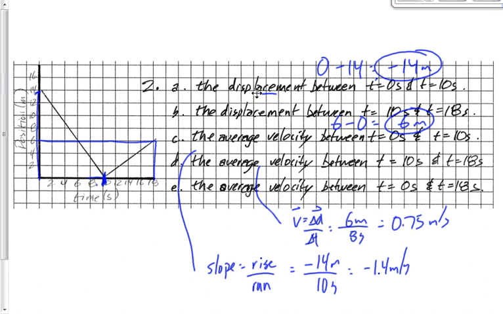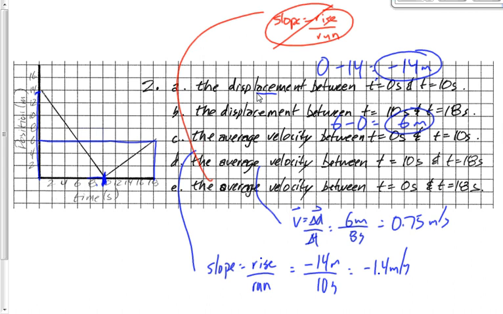Now, question E. Here's the toughest one on this page, I think, question E. What's the average velocity between 0 and 18 seconds? Why can we not use the slope equation here?